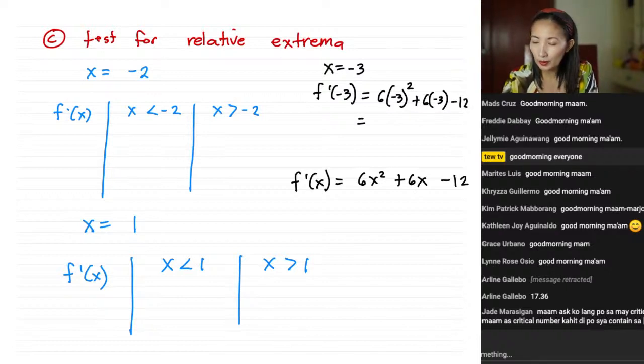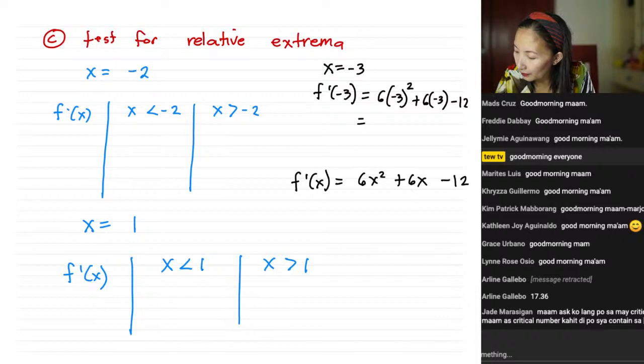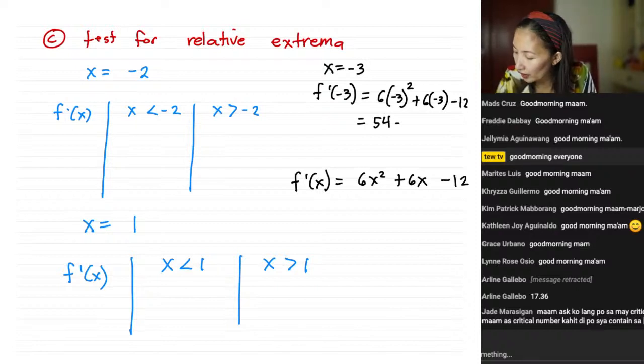What will this be? 3 squared, 9. 9 times 6 is 54. 54 minus 18 minus 12 is positive 24.